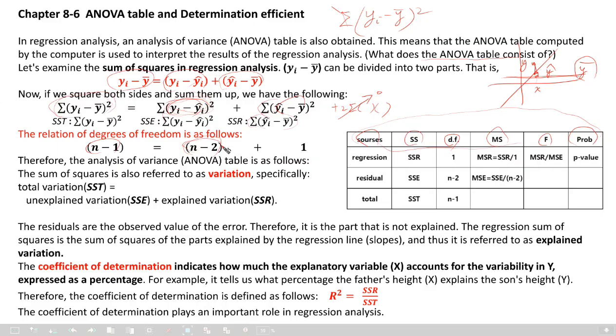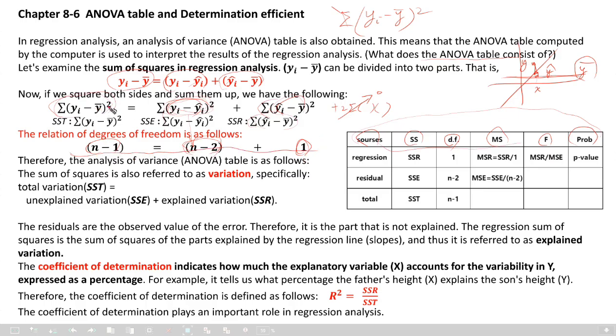So N minus 2 is the degrees of freedom of SSE. And what is this? You don't have to think about that deeply. For equality, just one. Actually, this is the number of explanatory variables. We are talking about the simple linear regression model, so the number of explanatory variables is 1. So the relation of degrees of freedom is like this.